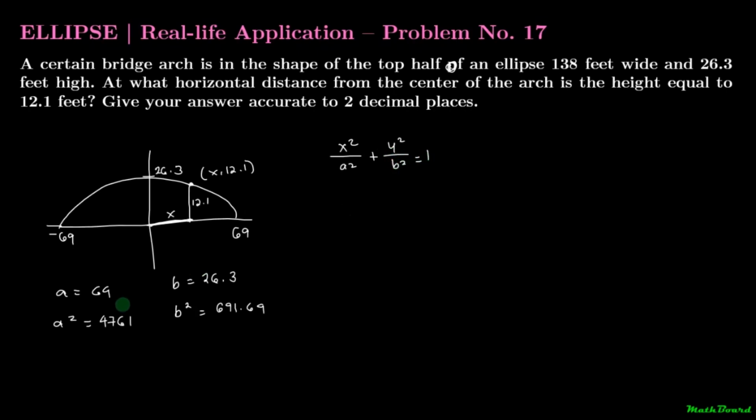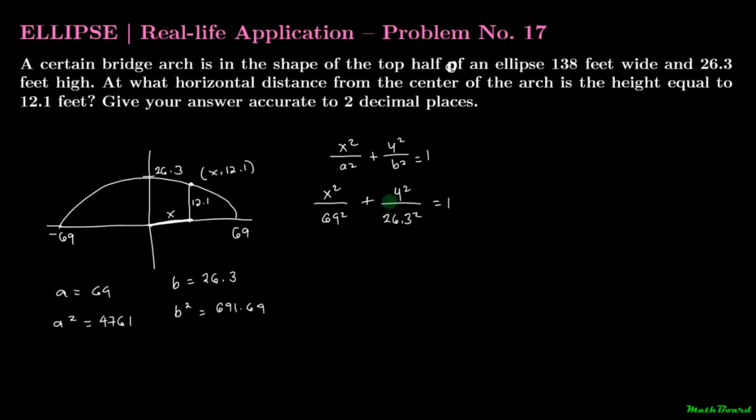Siya nga pala, kahit ang gamitin na lang natin ditong a squared at b squared ay 69 squared and 26.3 squared, pareho lang naman yun. So, x squared over 69 squared plus y squared over 26.3 squared equals 1. Meron tayong given na missing na x, may y tayong 12.1.